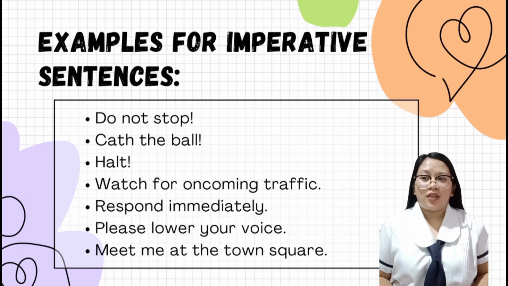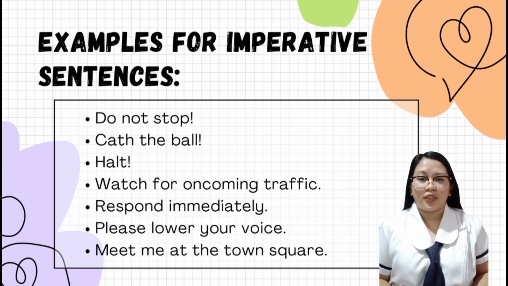Now, in the fourth example, it ends with a simple period, and we can say that it is a type of imperative sentence that is a request sentence. The fifth one is, respond immediately. As we can see, it also ends with a simple period, and it is also a request sentence.